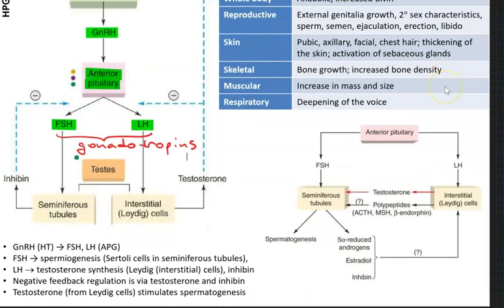And male gonads are testes. So in response to gonadotropins, testes produce testosterone. That's the responsibility of interstitial or Leydig cells. And inhibin, which we'll go back to, by seminiferous tubules. Okay?